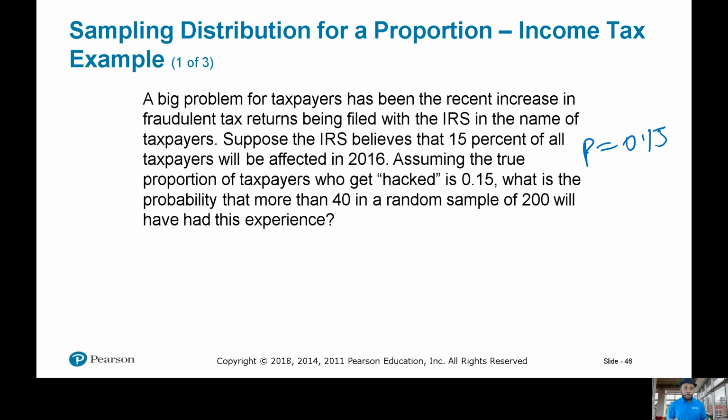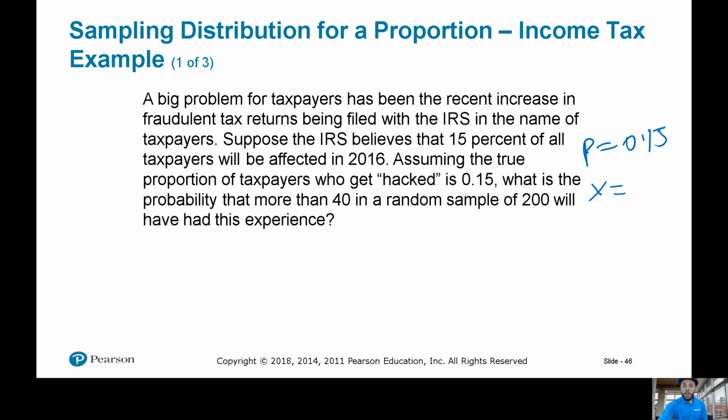All right, so let's break this down and understand what we're trying to find. So what is X? The probability that more than 40 in a random sample of 200 will have had the experience. What did we say X is?